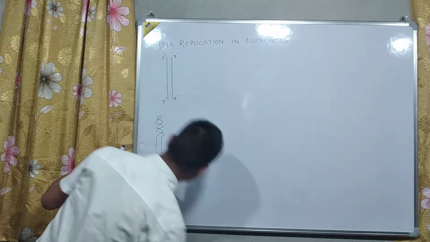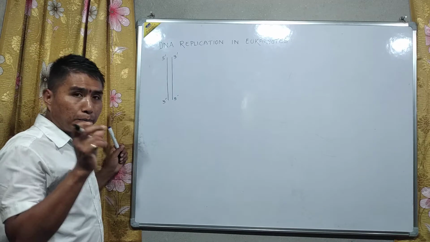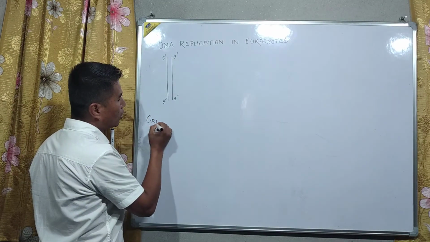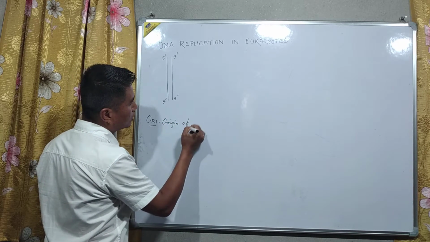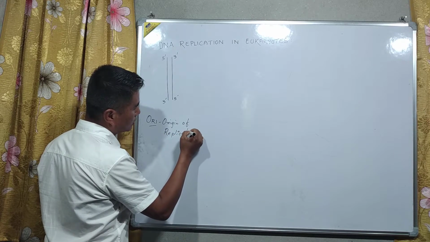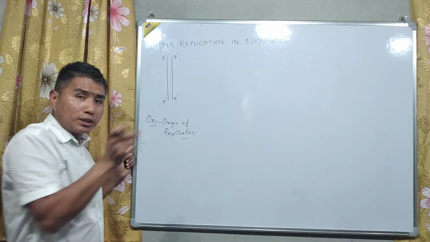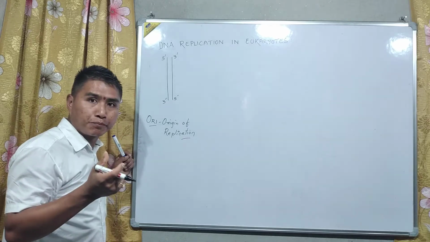Now what happens is that there is a particular place which is known as ORI, or origin of replication. Origin of replication is a special sequence in the DNA strand from where the replication starts.